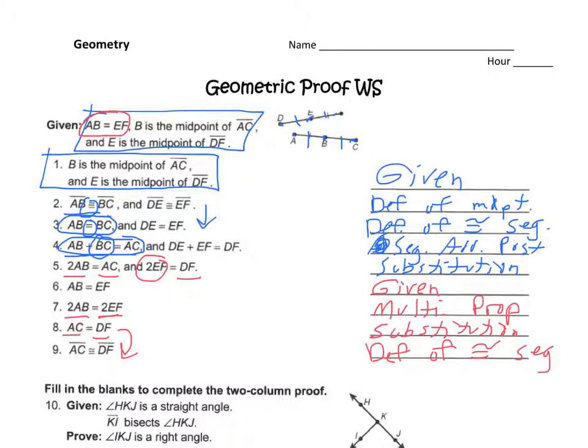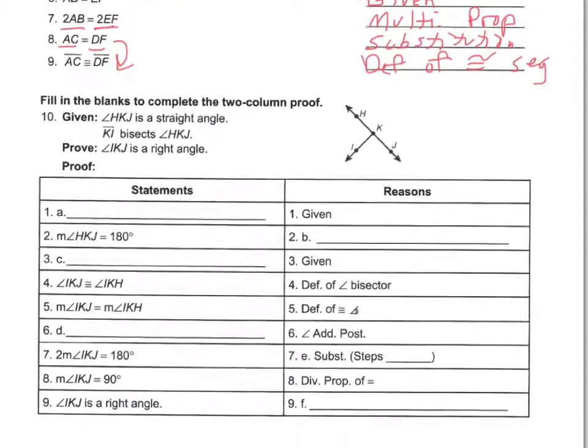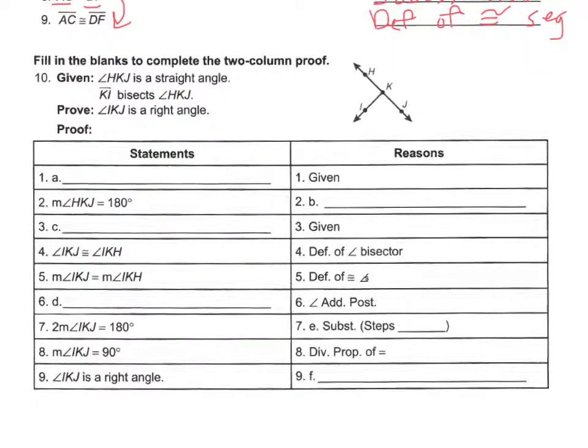Okay, let's look at the next one on your homework assignment. We have HKJ is a straight angle. We have ray KI bisects that angle. Means it splits it up into two congruent angles. Now we're going to prove that IKJ is a right angle. So what was given?